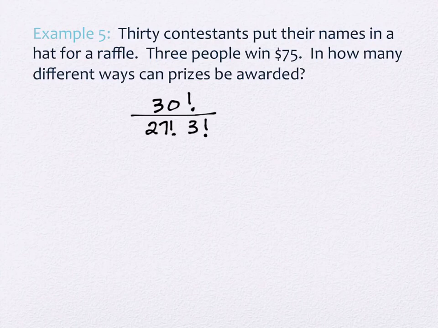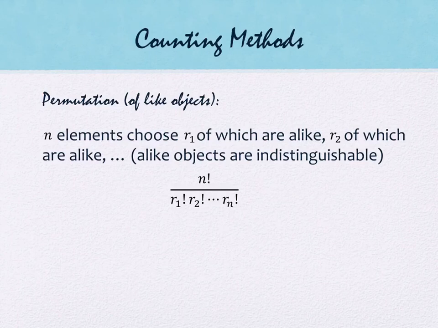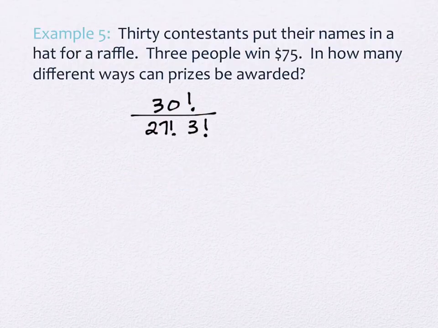It's almost like what happened when we were doing permutations over here, where for all the different colors, order doesn't matter, because for reds, it doesn't matter if I draw red 1 or red 2, it's the same thing, it's indistinguishable. So for the awards here, it doesn't matter who's picked first, so it's a combination.